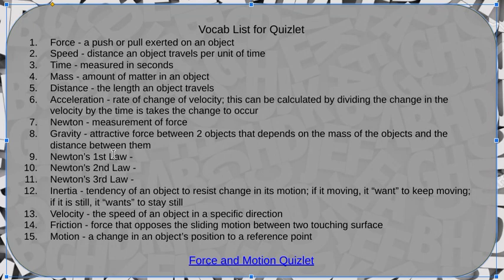But these three laws, Newton's first law states that an object moving at a velocity keeps moving at a velocity unless an outside force acts on it.